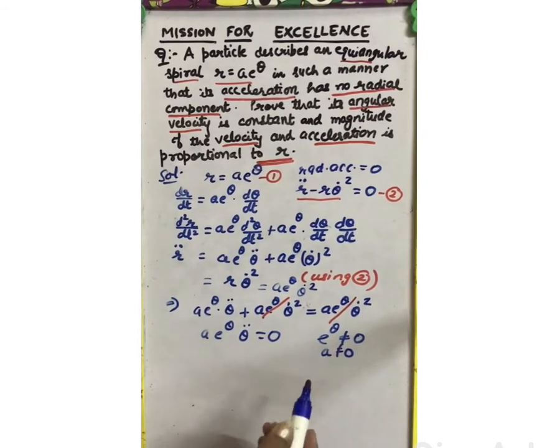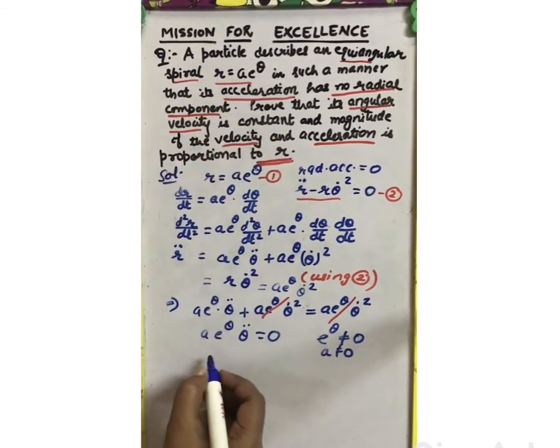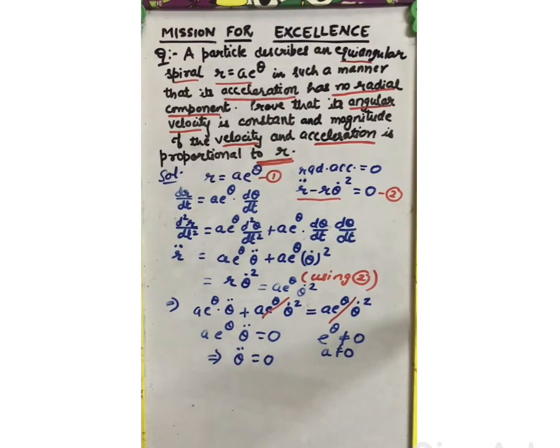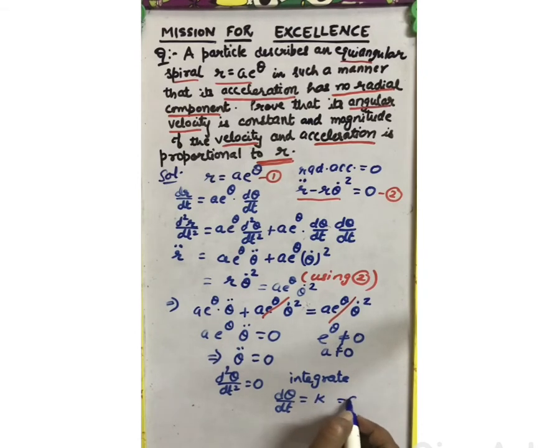So otherwise r will become 0. Therefore we get theta double dot equal to 0, the second derivative of theta equal to 0. So we can write it as d2 theta by dt square equal to 0, and after integration we get d theta by dt as some constant, let us take it k.